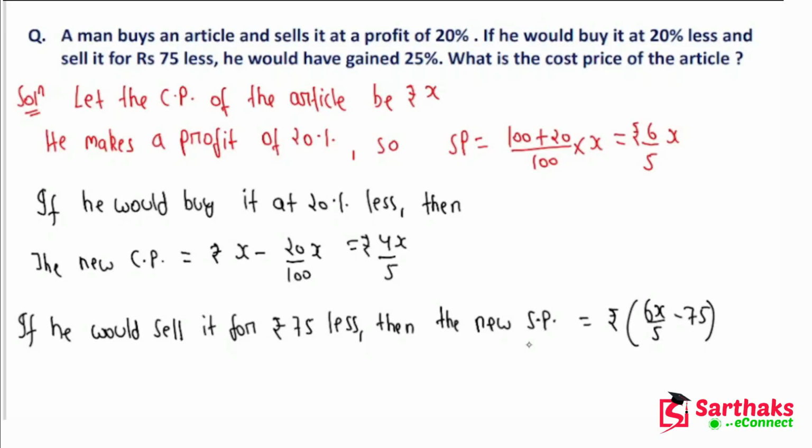So if he would sell it for rupees 75 less, then the new selling price is 75 less than the previous selling price, so we have just subtracted 75 from the previous selling price.